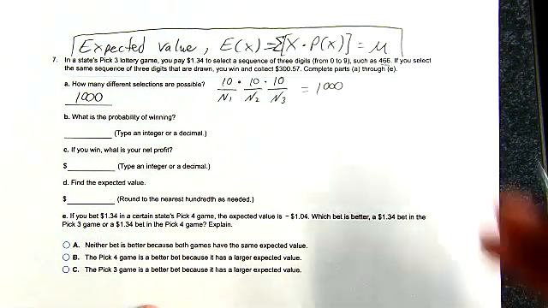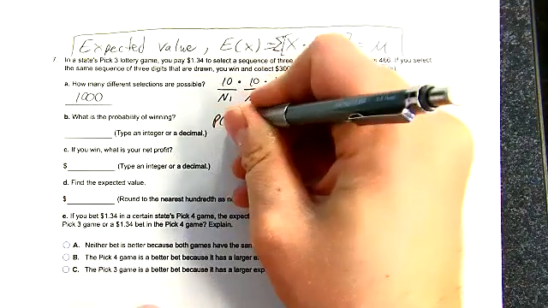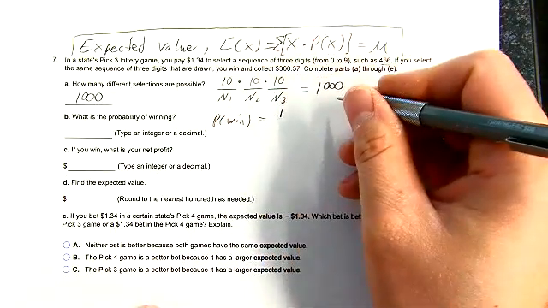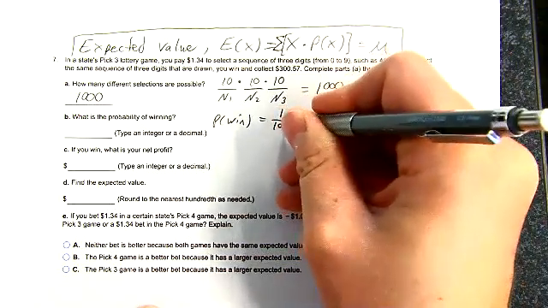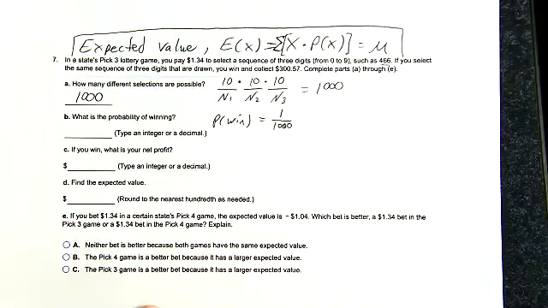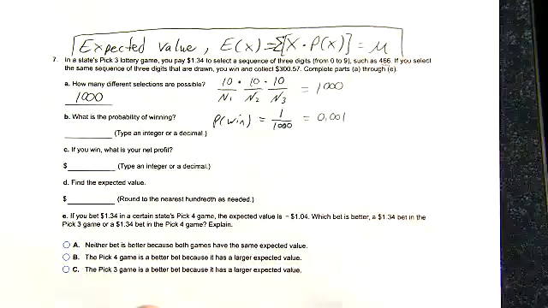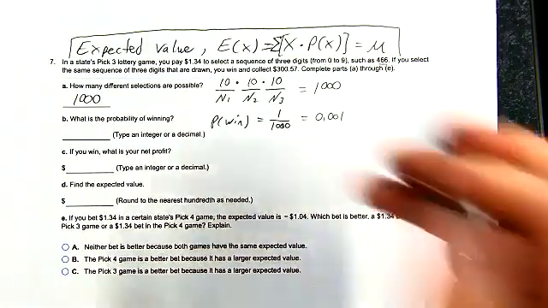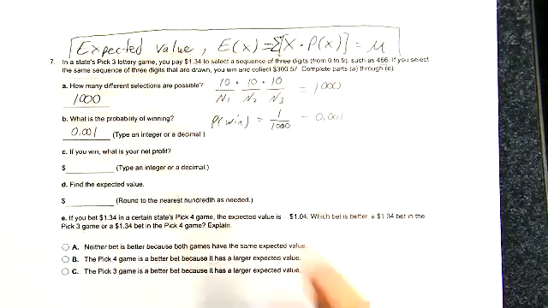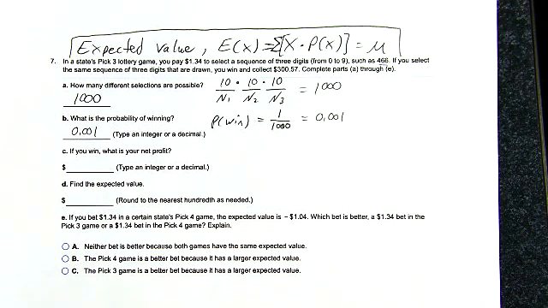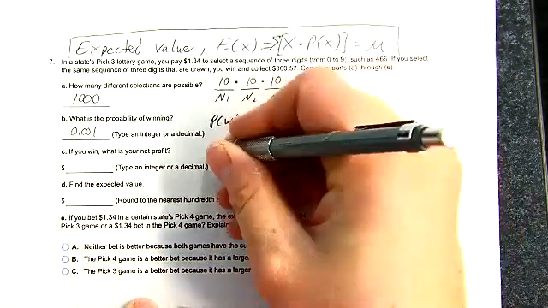B says, what's the probability of winning? Well, the probability of a win is there's exactly one correct sequence of these 3 digits divided by 1,000 possibilities. And if you convert that to decimal, it's 0.001. So the probability of winning is 0.001. Part C says, if you win, what is your net profit?